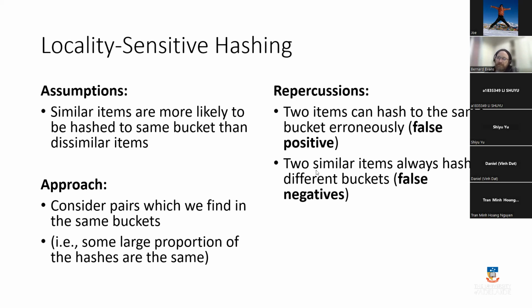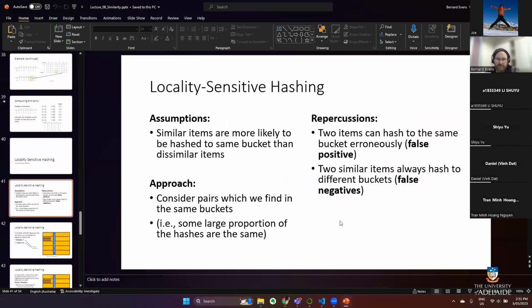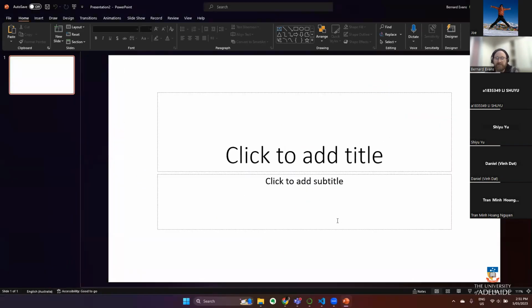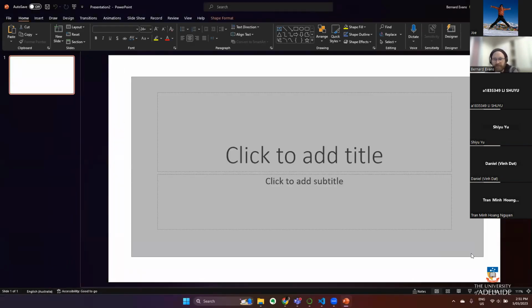Then I have the probability that two similar items hash to different buckets, right? So if I have two similar items, they're very, very similar. And every single one of my hashes, for some reason, just managed to get them into different buckets. Now, that seems like a far-fetched example, so I might just see if I can concoct a really simple example of how that would be the case.